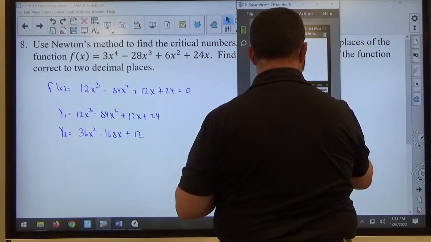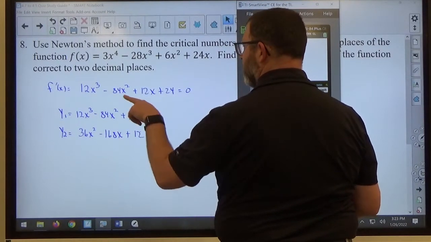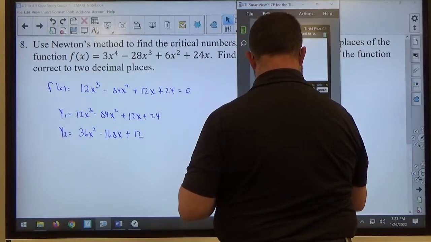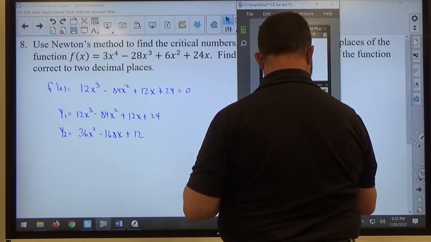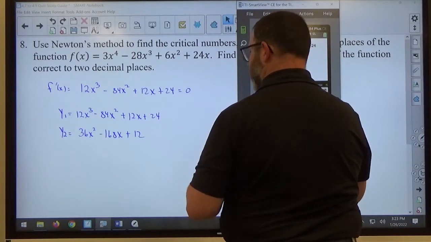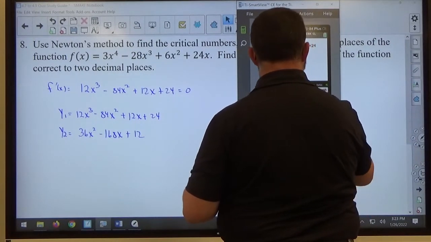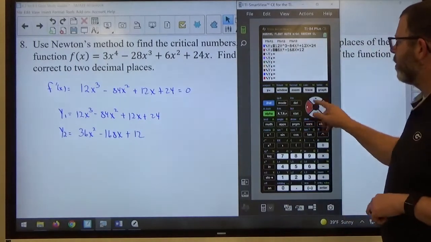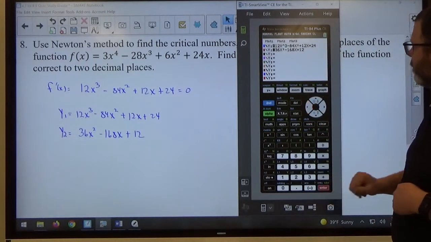Let's clear out what's already in there. 12x to the third minus 84x squared plus 12x plus 24, and 36x squared minus 168x plus 12. Once again, I don't know what the answers are. Any number that makes this equal to 0 is a critical number, so I'm going to turn that off.